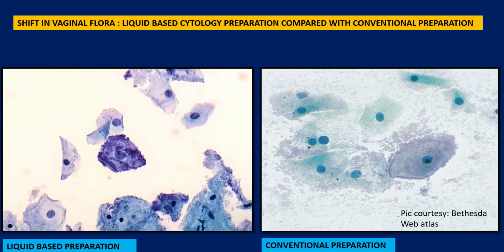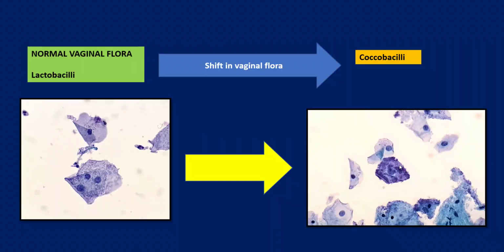However, one must remember that when we look at the same on liquid-based cytology preparation, this kind of a background is often absent. So in such cases, the background is clean, and these coccobacilli tend to be present more on top of the squamous cells. Over here, very few cells are present in the background, as you see in conventional preparation. So this is a very, very important point to keep in mind.